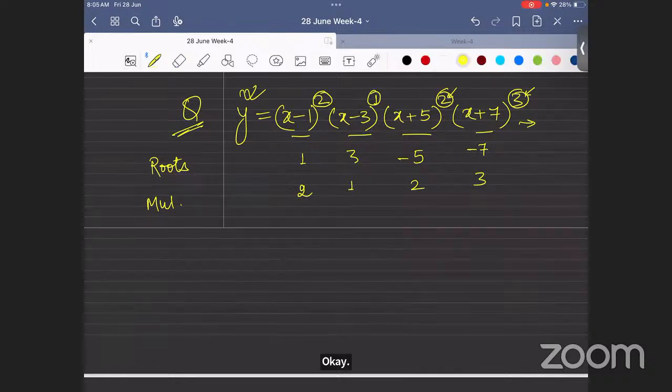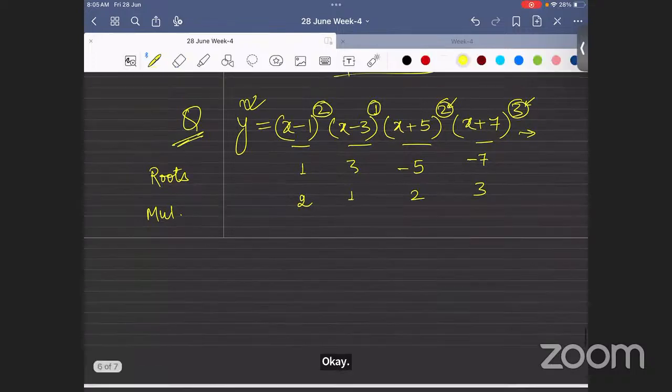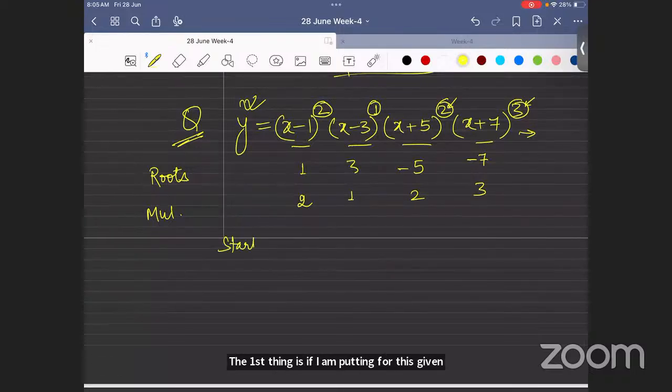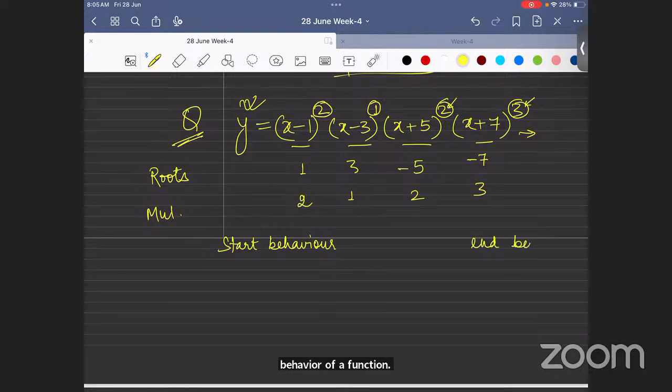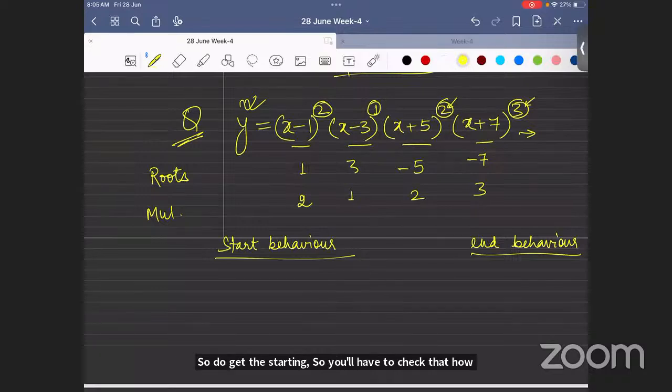So the first thing is, for this given polynomial, to get the starting behavior or the end behavior of a function, you have to check how the function behaves when it starts from minus infinite.